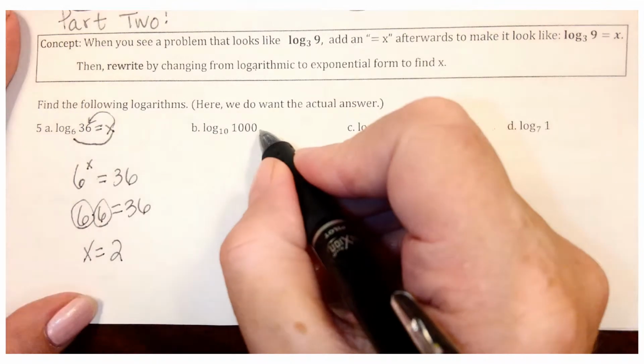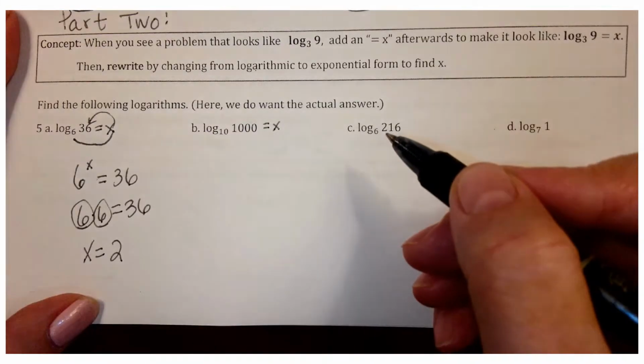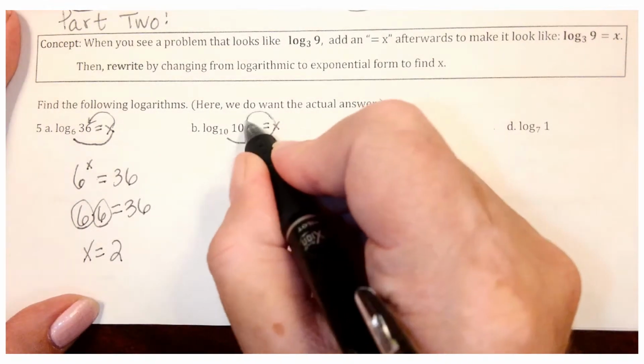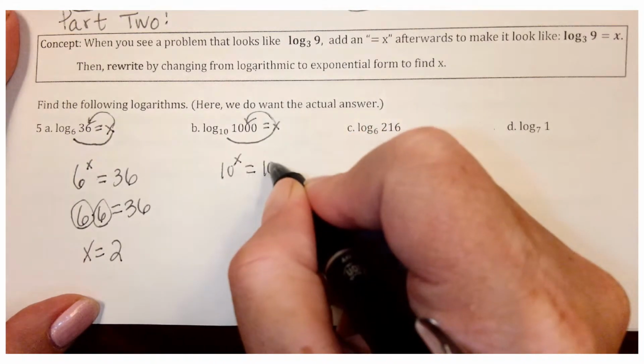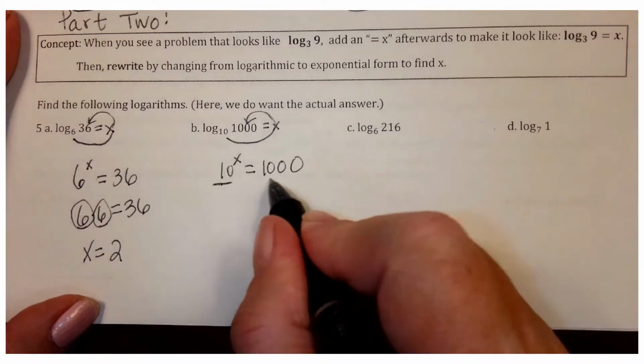All right, let's do the same thing here. Again, we're going to set this equal to x. We're going to convert it from logarithmic form to exponential form. 10 to the x equals 1,000. And then we're going to think to ourselves, how many times do we multiply 10 together to get 1,000?